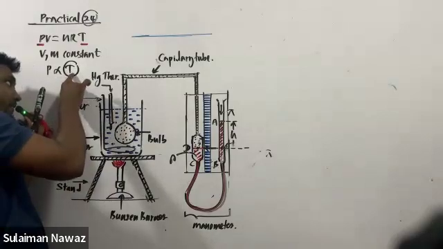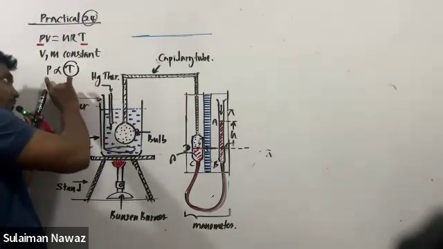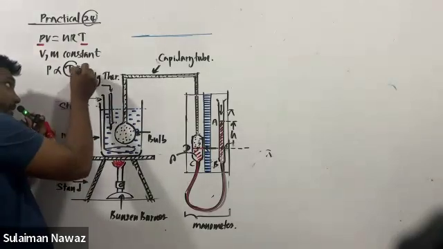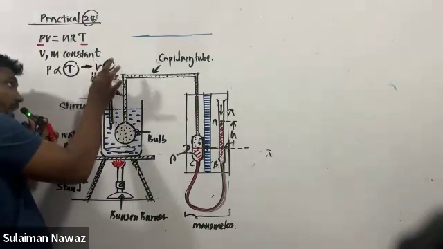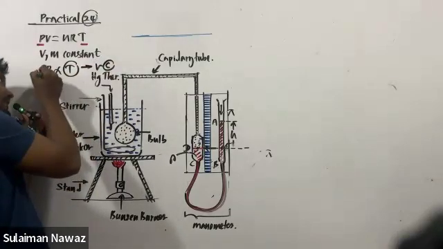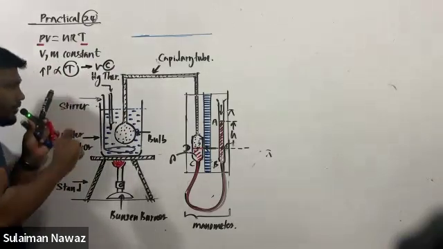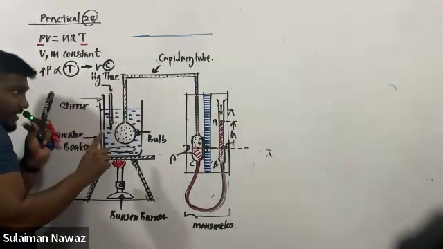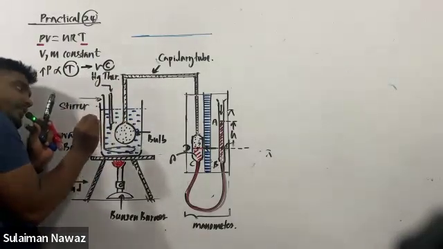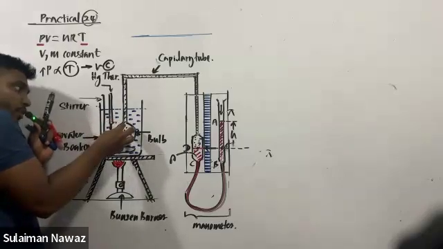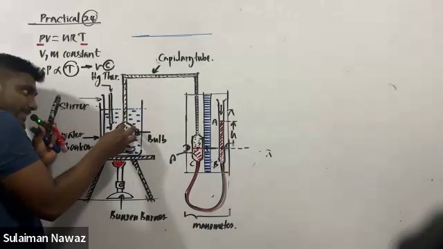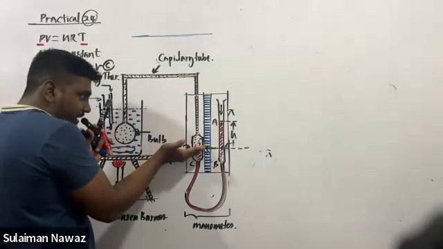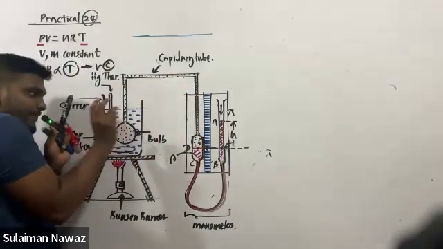When the temperature increases, what should happen to the pressure if you maintain volume constant? Pressure should definitely increase. The problem is, how am I going to maintain the volume of the gas constant? First check what volume is occupied by the gas. Gas is inside the bulb and inside the capillary tube until here.